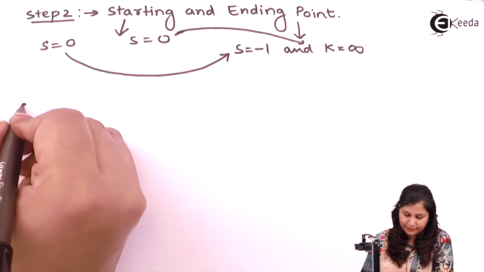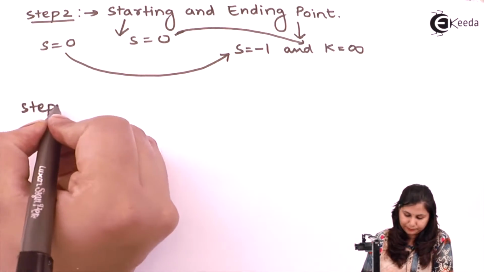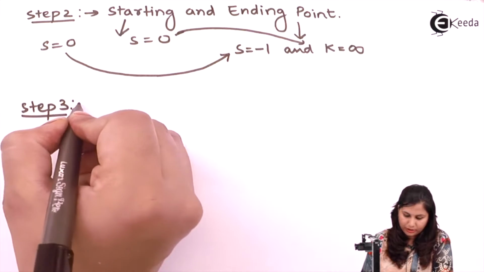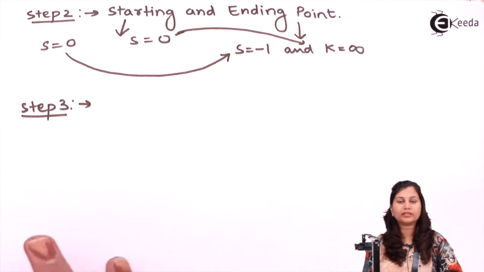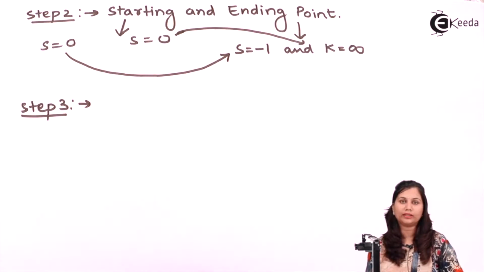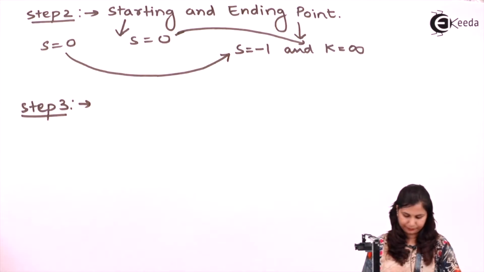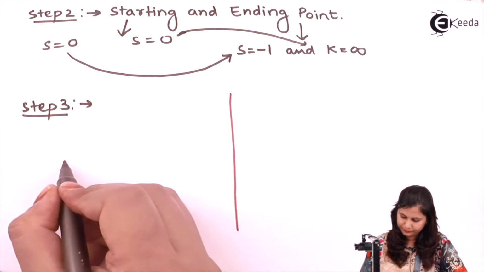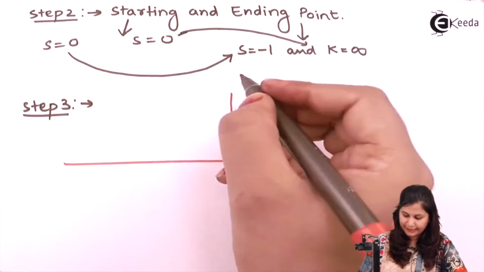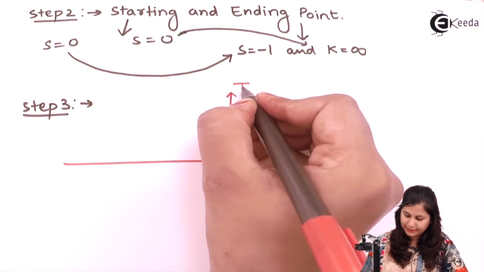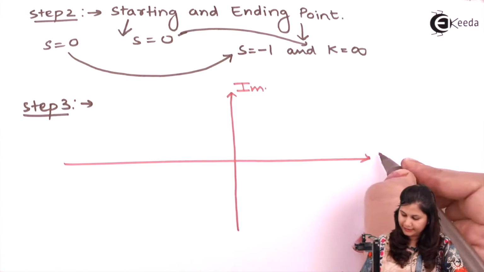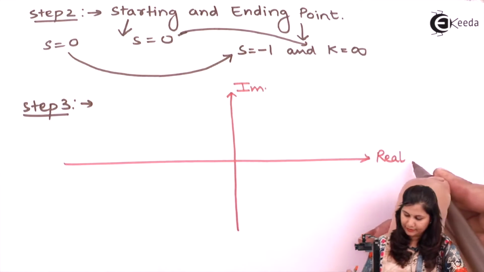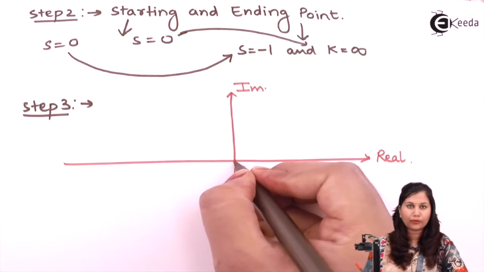Now the third step is we will plot the poles and zeros on the s plane. This is our s plane, this is the imaginary axis and this is the real axis, and this is our origin.